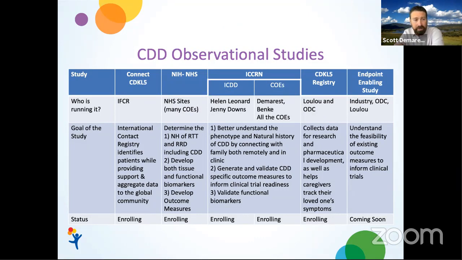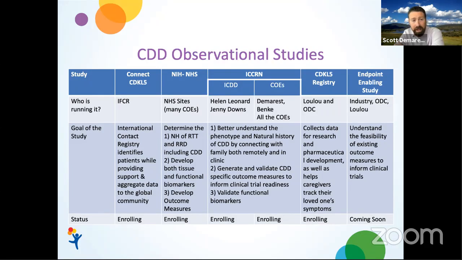So you've heard about Connect CDKL5, and that's really a way of knowing who we have with CDKL5, where in the world, and how we can stay in touch with them and integrate them into the community, should they want to be. That gets you research updates. It also gets some basic information to be able to contact you.